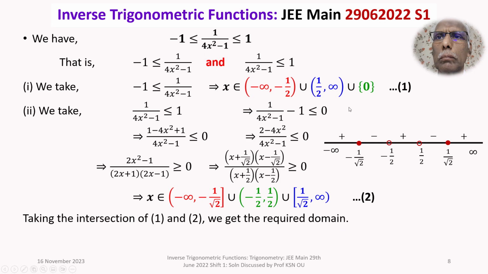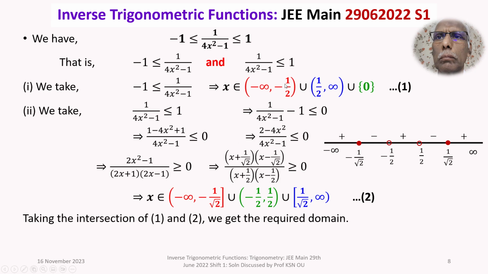Now one may say, you have to draw the real number line, and write down this one and write down this one, take the intersection. So in all these things, while intersecting this and this, the red one, minus infinity to minus 1 by 2, minus infinity to 1 by root 2, there only the commonality is there.